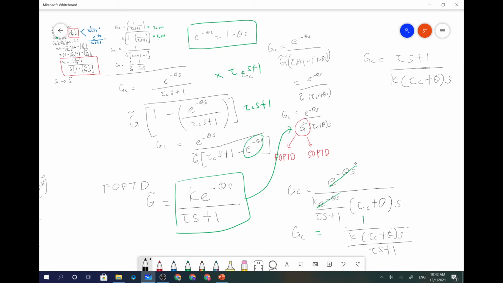So you will get, you have to simplify further. Tau S over K tau C plus theta S as 1 over same numerator, same denominator.